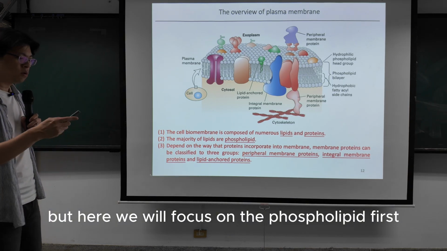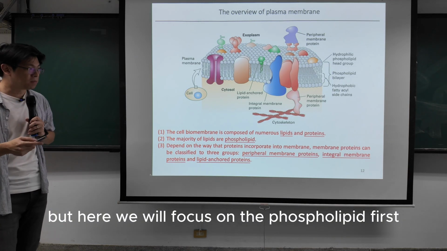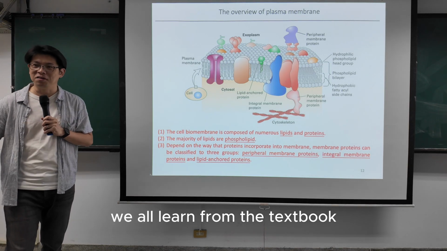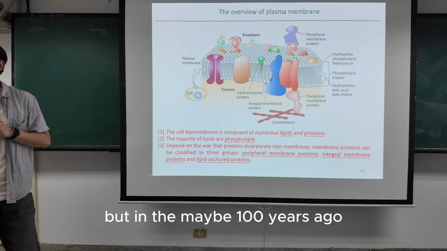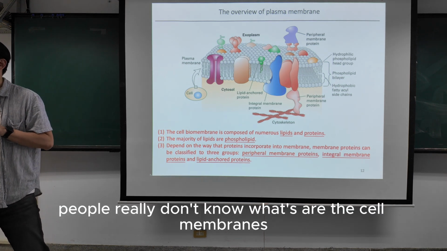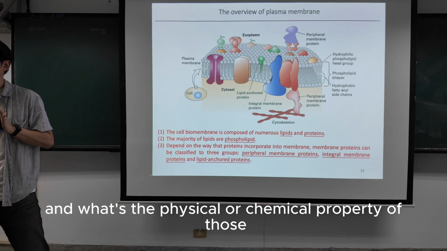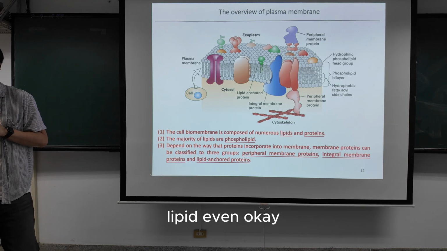Okay, but here we will focus on the phospholipid first. This is the cartoon we all learned from the textbook. But maybe 100 years ago, people really didn't know what the cell membrane is, or even what the physical or chemical properties of those lipids are.